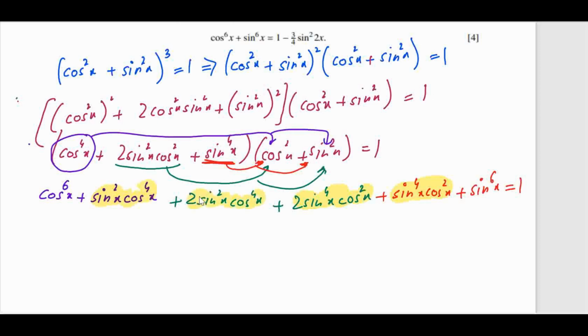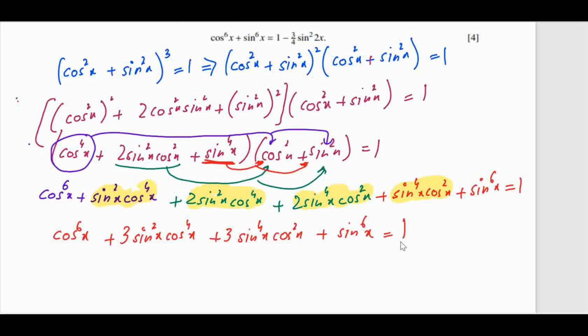So if we simplify the like terms, this will be cos 6 of x plus 3 sine square of x cos 4 of x plus 3 sine 4 of x cos square of x plus sine 6 of x is equal to 1.